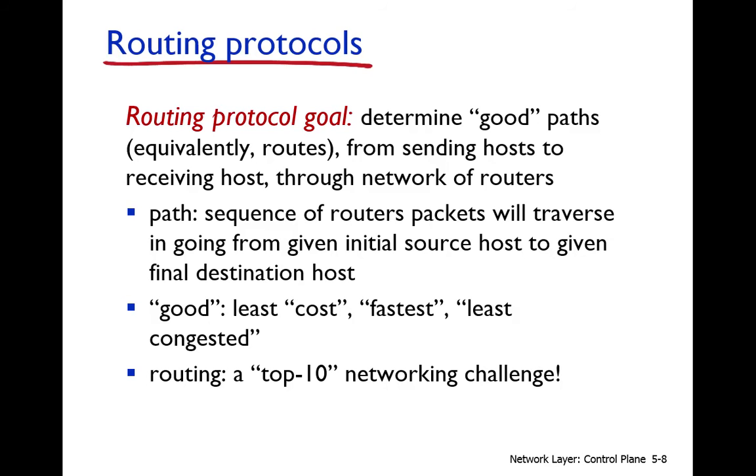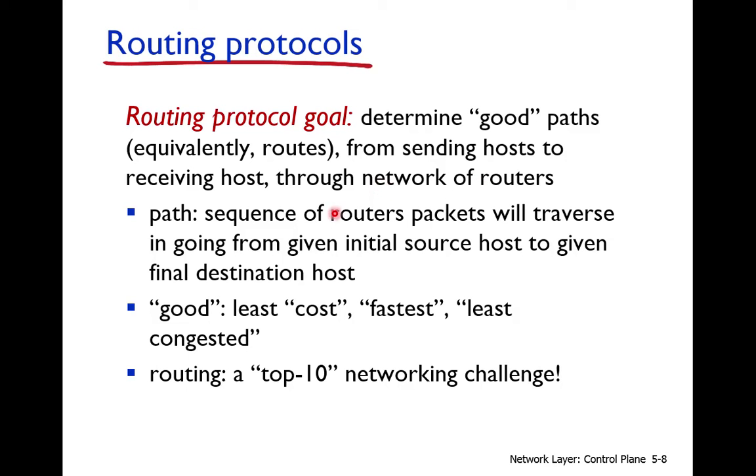So what is a routing protocol? We know that the routing protocol computes the good paths, or equivalently routes, from the sending host, the source, to the destination machine through the network of routers.